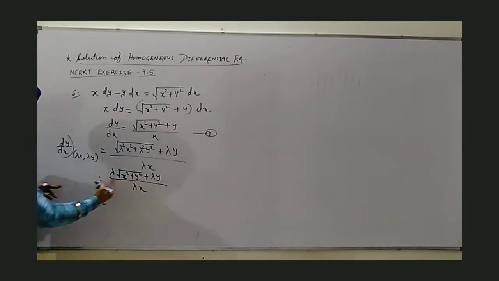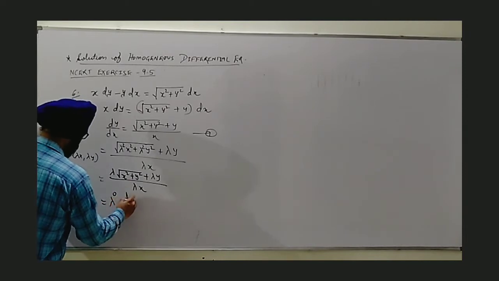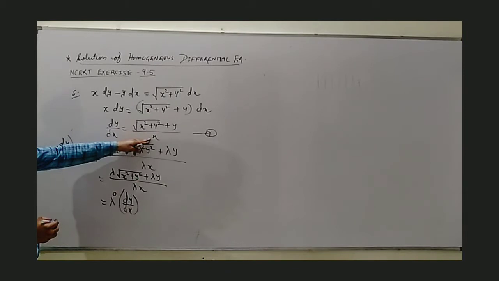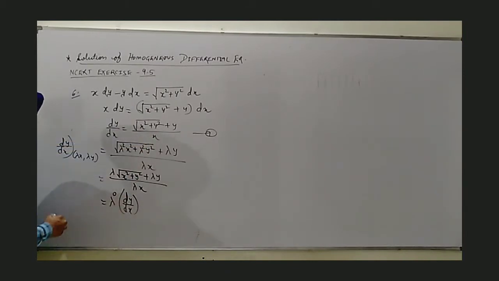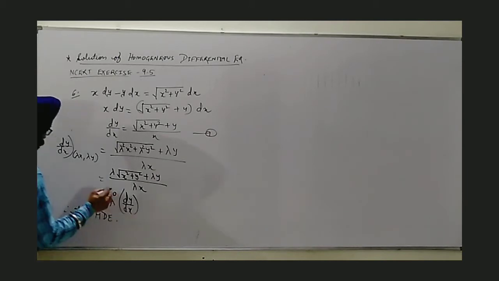We can check lambda is common in numerator and denominator both. This can be written as lambda to the power 0, and the remaining is dy by dx as it is. Okay, the same value we are getting. So therefore, it is a homogeneous differential equation.